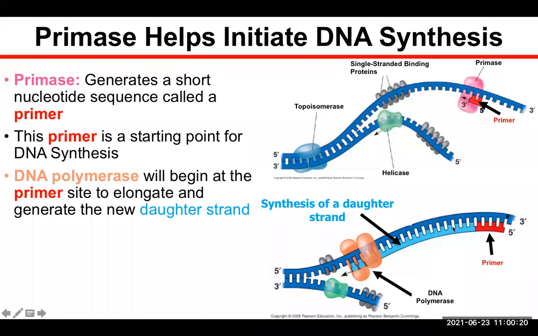Now, when you're talking about what direction it's moving on the parent strand, it's moving starting from the 3' and going all the way to the 5'. Does that make sense? Because when they're binding to each other, they need to be anti-parallel.